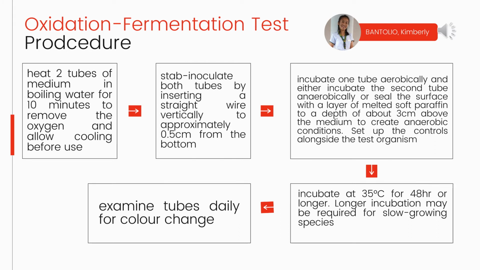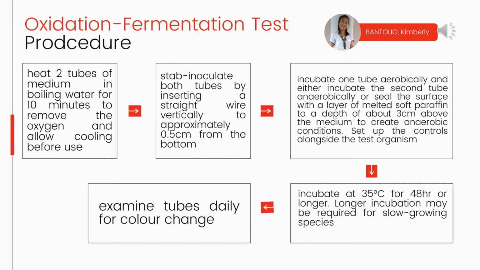For the first step, we are going to isolate a discrete colony. We pick the top of a single colony of the organism, and then streak it into the given media to culture the bacteria.